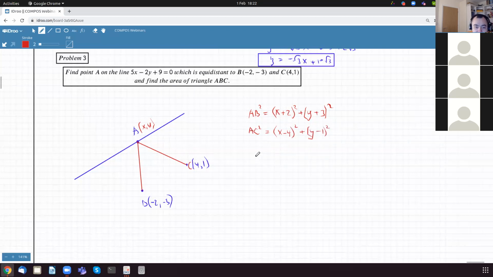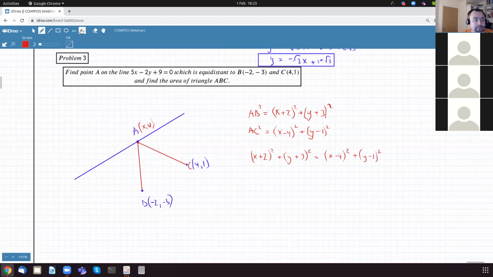And since they are equal, we can write that x plus 2 squared plus y plus 3 squared has to equal x minus 4 squared plus y minus 1 squared.